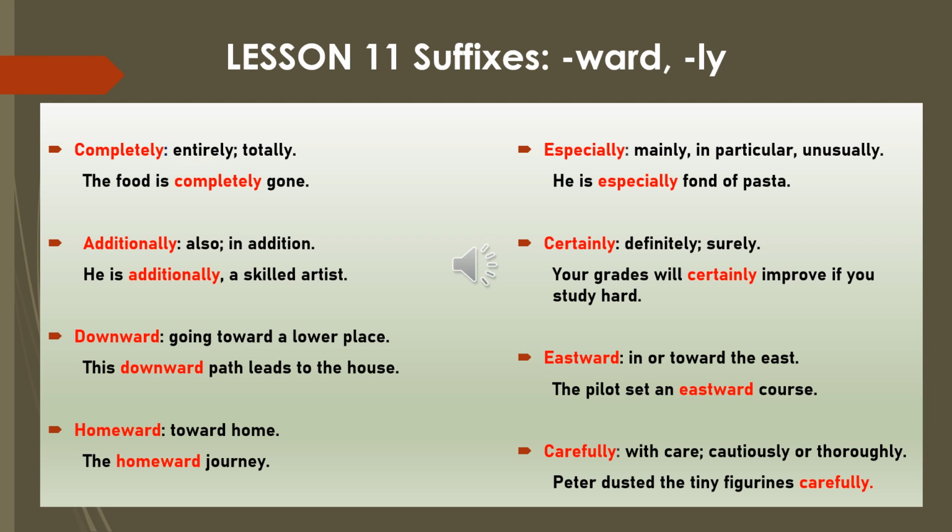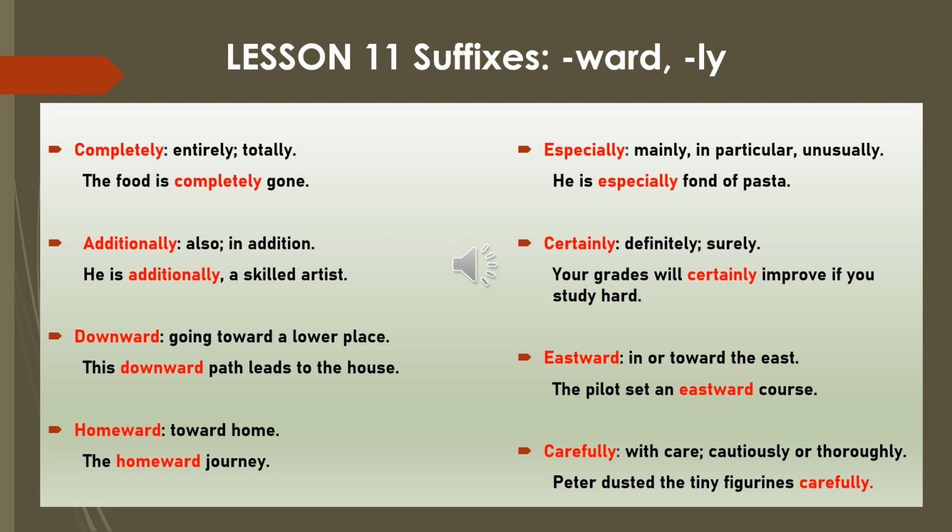Here we are on page number 3. We're still talking about lesson 11, suffixes ward and ly. The first word that we have is completely. And the definition is entirely, totally.